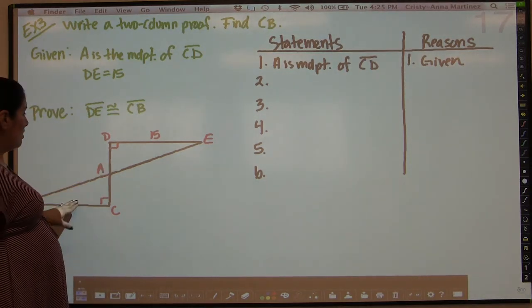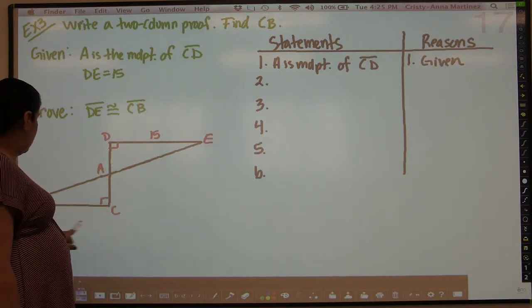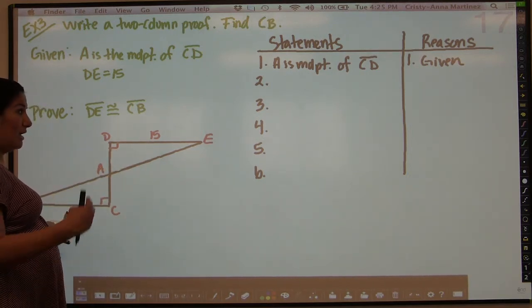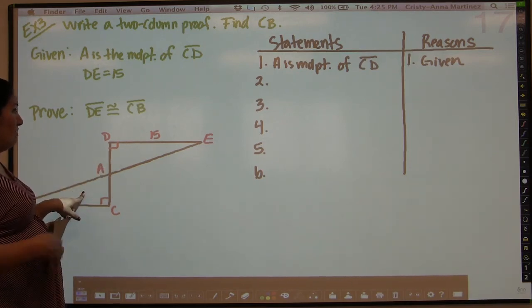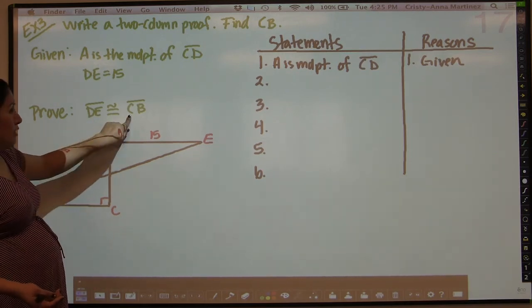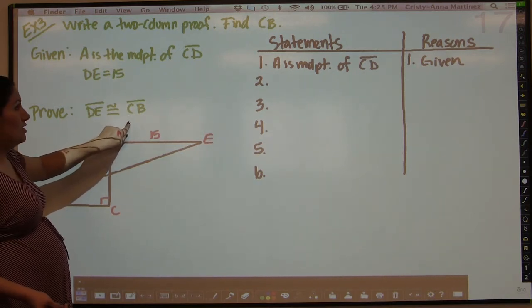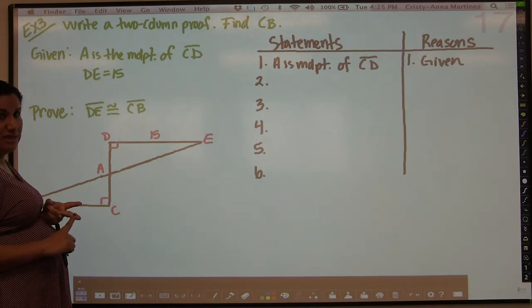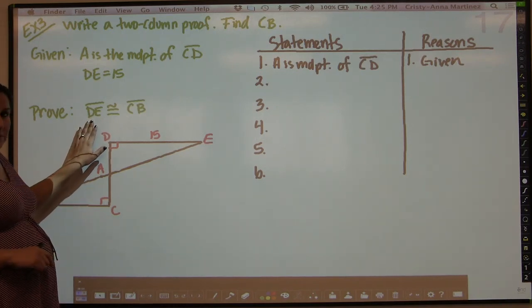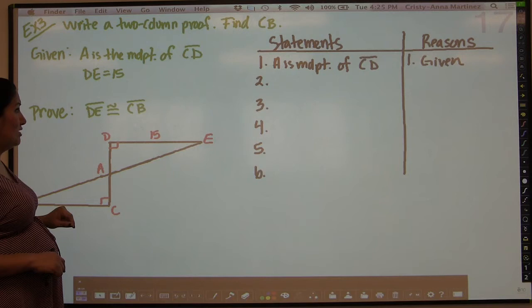So if these two triangles are in fact congruent, then if DE is 15, then CB will also be 15. But before I can assume that, I have to actually prove that the two triangles are congruent, and then therefore the segments are congruent. So my goal is to first prove the triangles are congruent, and then because of CPCTC, DE will be congruent to BC, and then I'll know my answer for that.